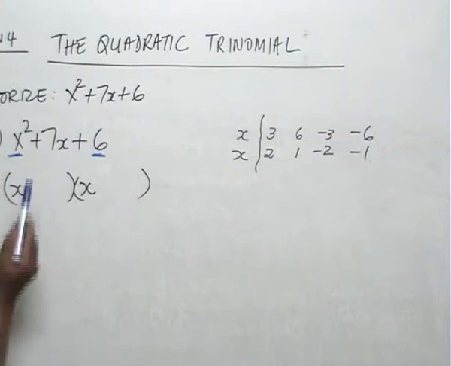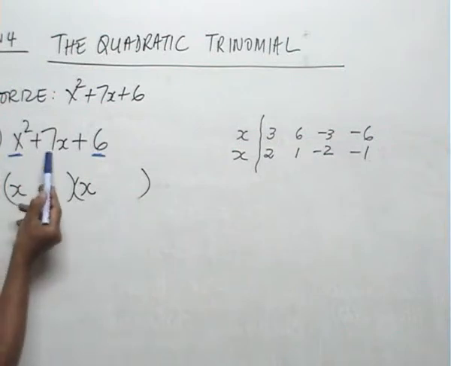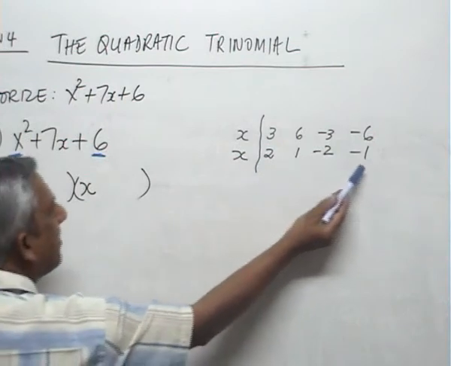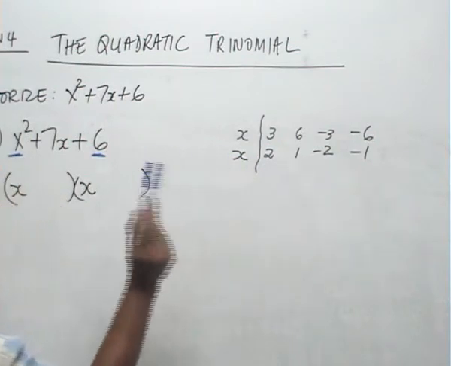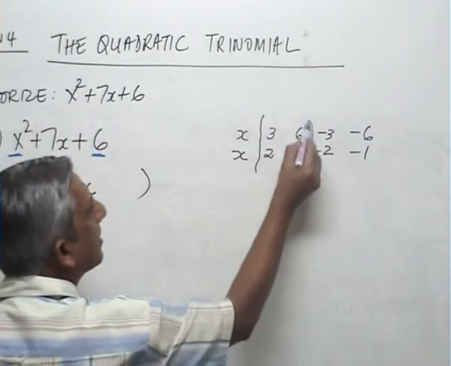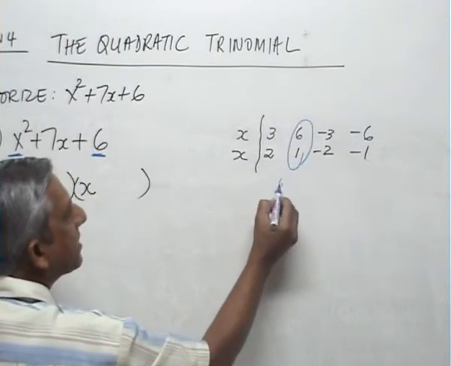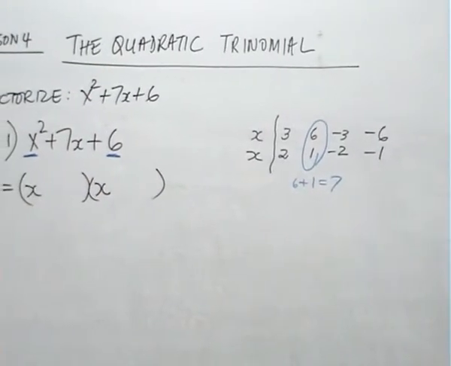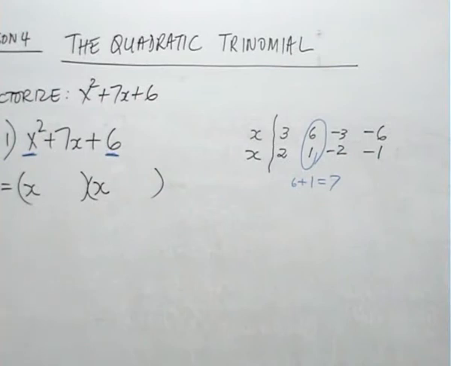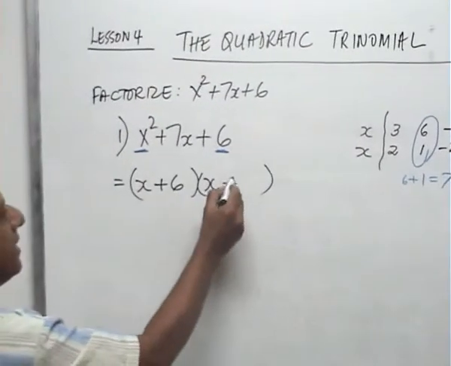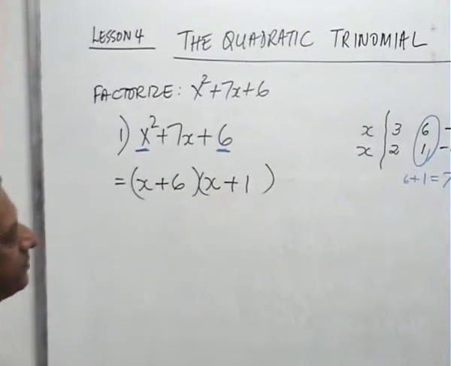I'll repeat. Look in the middle, then look there and ask, which pair from there, when added, will give me 7? It's obvious that 6 plus 1 is going to give you 7. So that pair is going to solve my problem. So I'll write x plus 6, x plus 1.